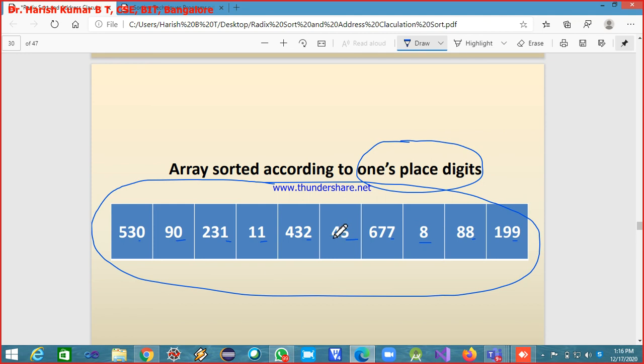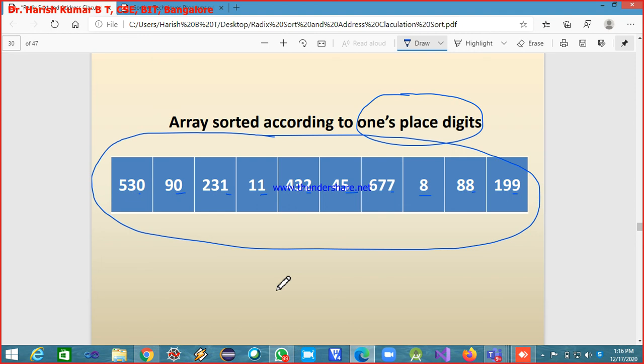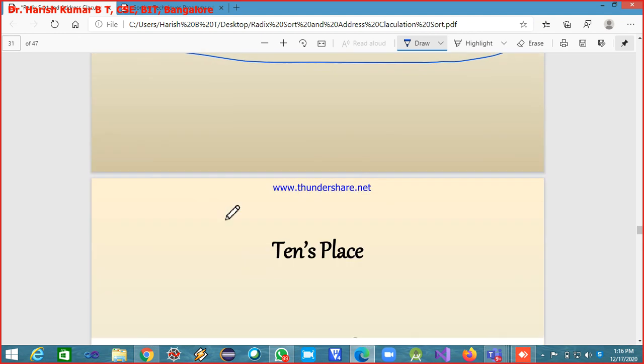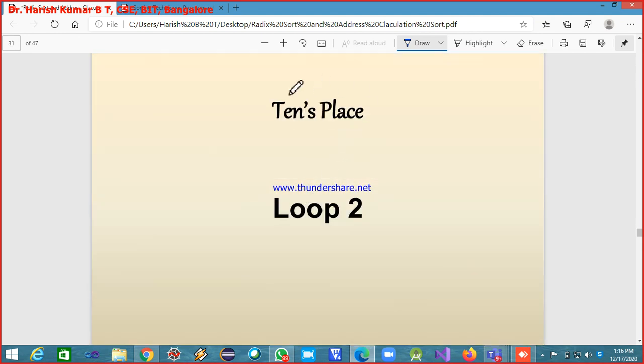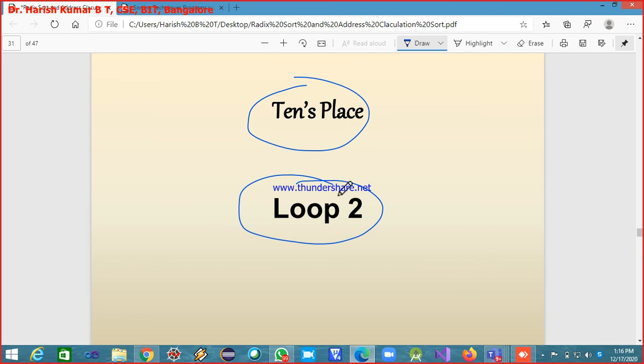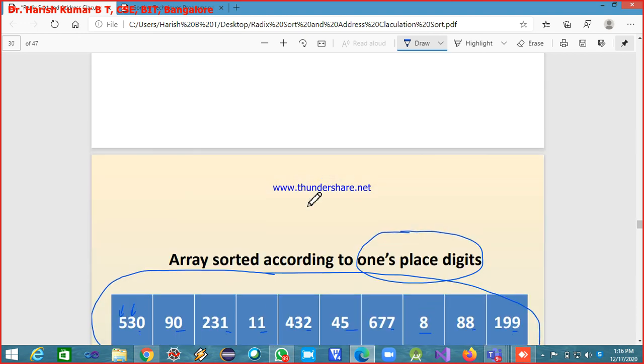Now we go to the second iteration. The numbers are already sorted based on the ones place digit. In the second iteration, we repeat the same process for the digit present at the tens position. And in the third iteration, we repeat the same thing for the digit present at the hundreds position. Now for the tens place we are performing loop 2. The input for loop 2 is this array.